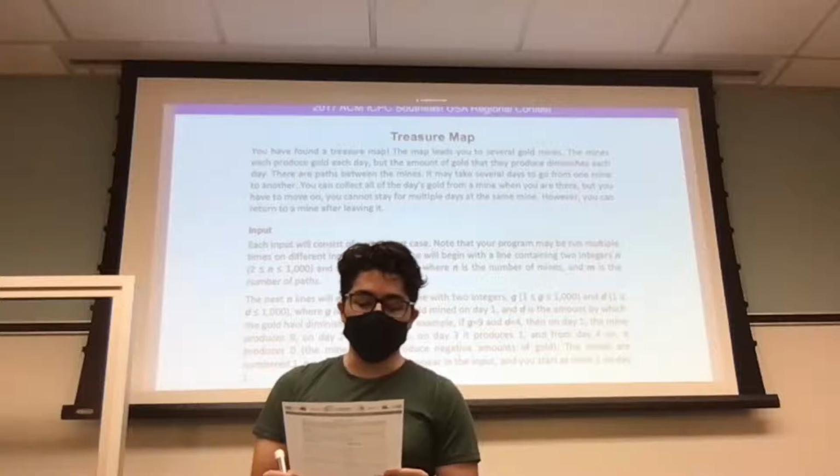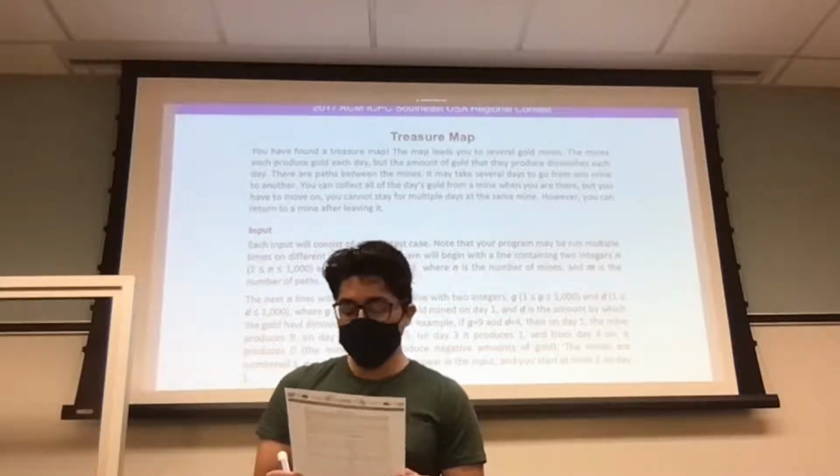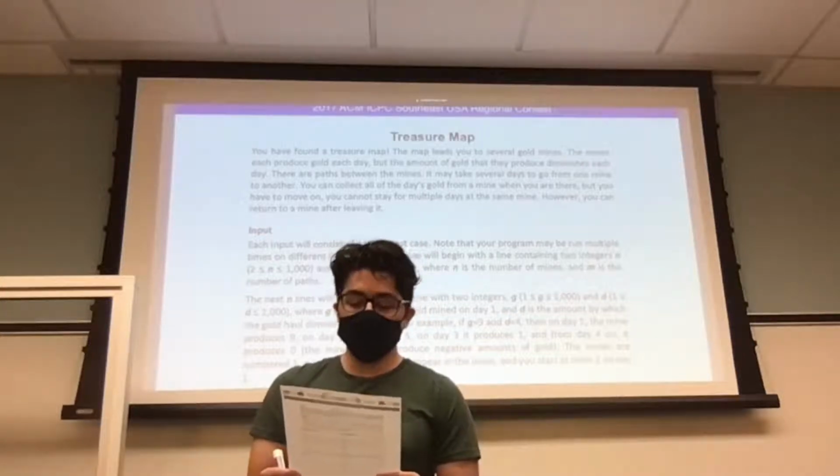On day 2, it produces 5, and so on. Then you're given M lines, where each line consists of a path from mine A to mine B, and it takes T days to traverse from A to B. This path is bidirectional, so it doesn't have a direction on each mine.